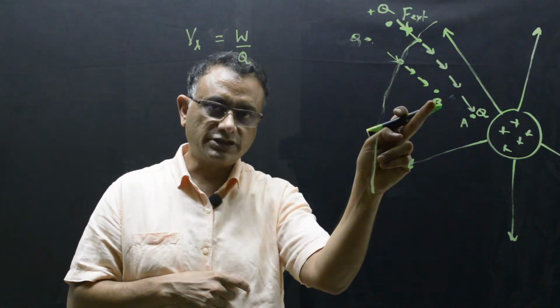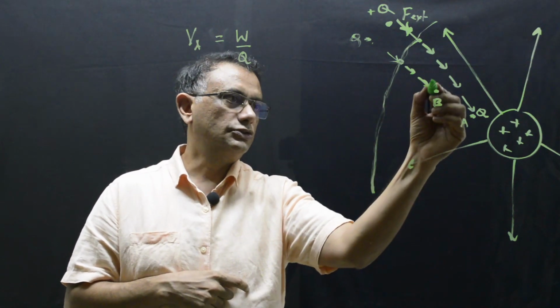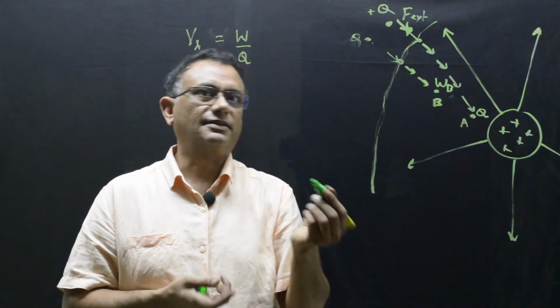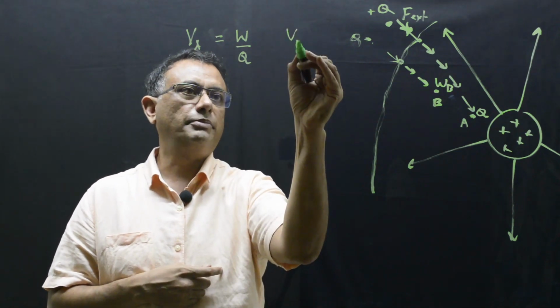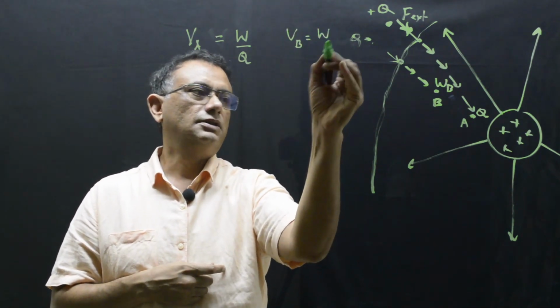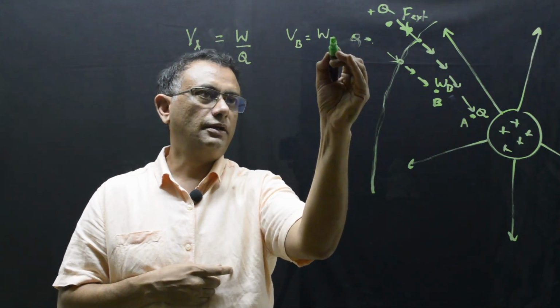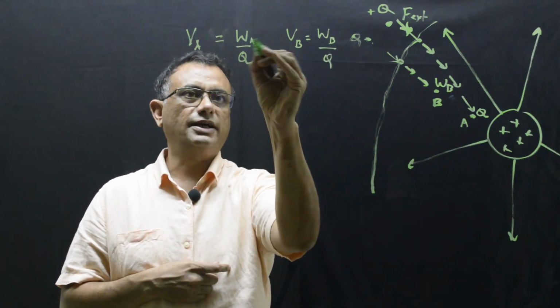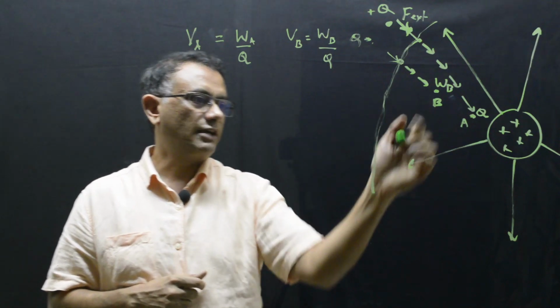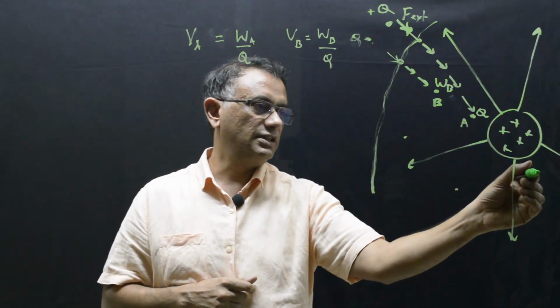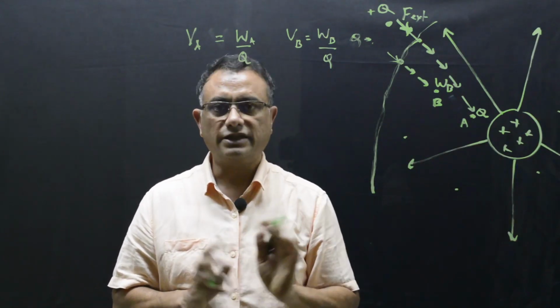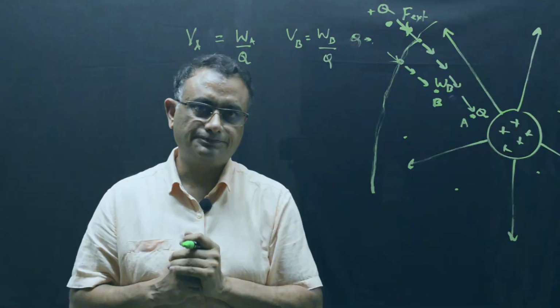We didn't need to push the charge so far, isn't it? So the work done at point B is lesser. So we say potential at point B is the work done to get it to point B divided by Q. In that way, different points within the electric field will have different potentials. I hope this is clear.